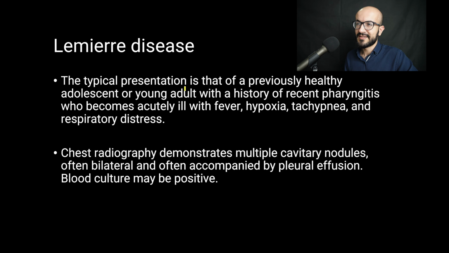Now, the typical presentation of Lemierre disease is that of a previously healthy adolescent or young adult with a history of recent pharyngitis who becomes acutely ill with fever, hypoxia, tachypnea, and respiratory distress. And chest radiography demonstrates multiple cavitary nodules, often bilateral and often accompanied by pleural effusion, and blood cultures may be positive.